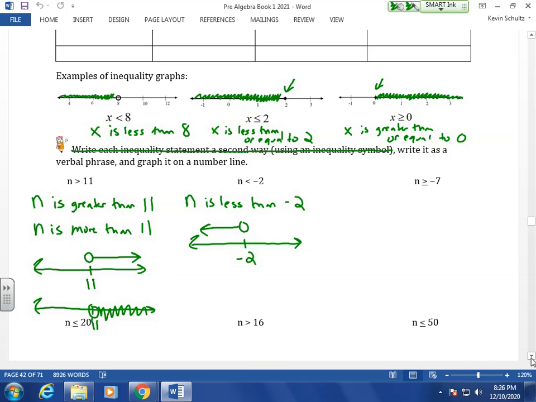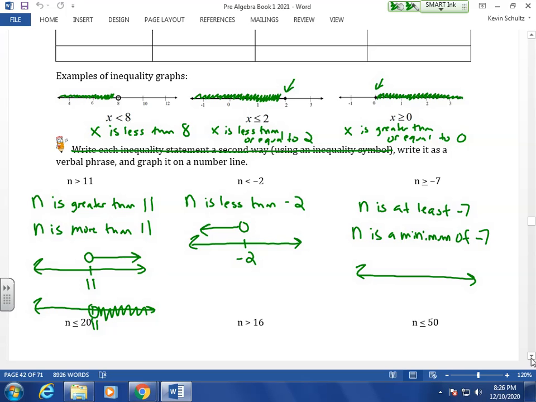The next one, n is greater than or equal to -7. That would work. You could say n is at least -7, okay? Or n is a minimum of -7. Either of those would be perfectly fine. This time on our number line, -7.